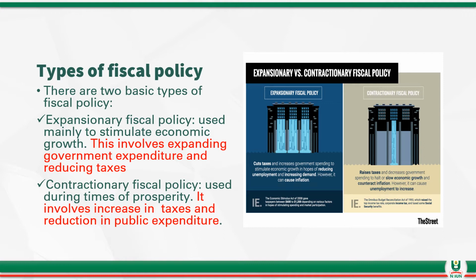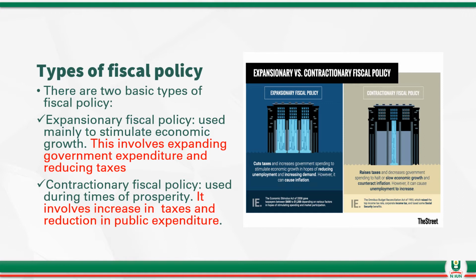So the type of fiscal policy to be adopted depends on the period the economy is. During the inflationary period, the contractionary fiscal policy is adopted. Whereas if the economy is in recession or depression, then there is need to stimulate the economy. Hence, the expansionary fiscal policy is adopted.